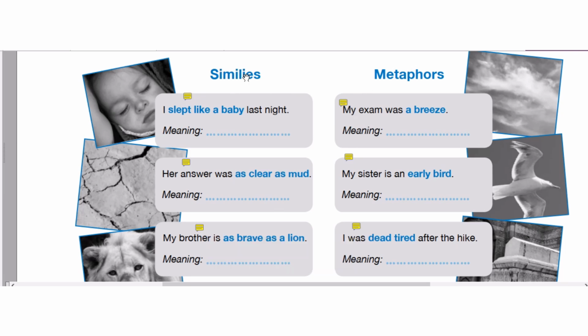These are similes. We move to metaphors here. Look at the picture. My exam was a breeze. Breeze means soft wind. It means that my exam was very easy. This is a bird. My sister is an early bird.